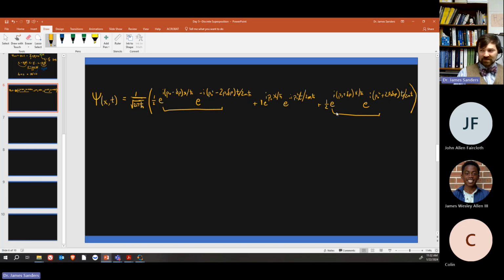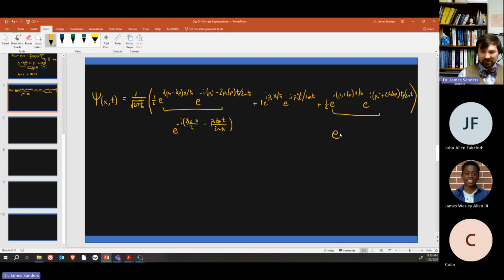These two terms, you have effectively an e to the minus I, e to the minus I times something like dp x over h bar minus p naught dp t over 2m h bar.